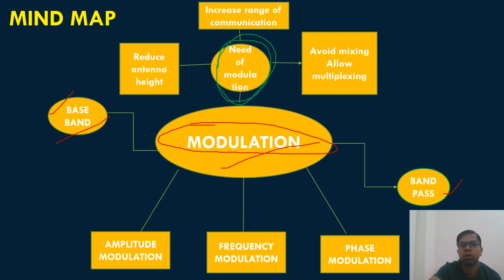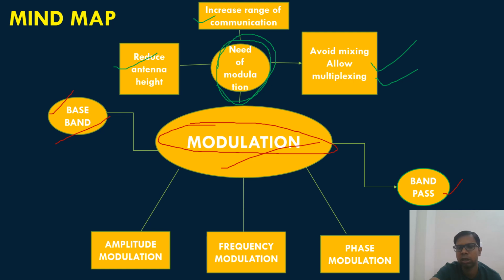There are 3 points about the need of modulation. First one is avoiding mixing and allowing multiplexing. Second one is reducing the antenna height, and third one is increasing the range of communication.